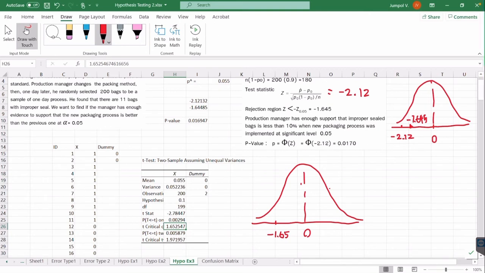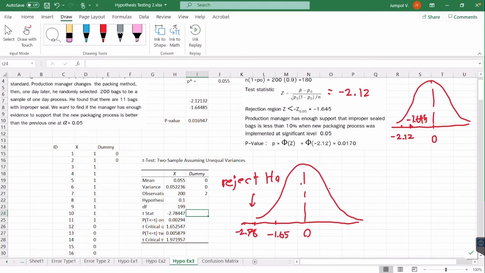Our test statistic is minus 2.78, which is further to the left here. So obviously we are going to reject H0.